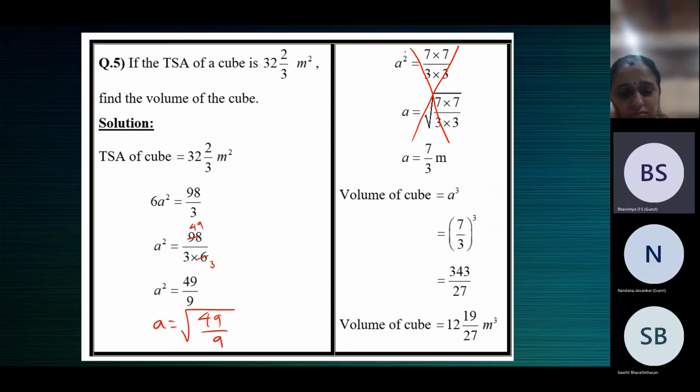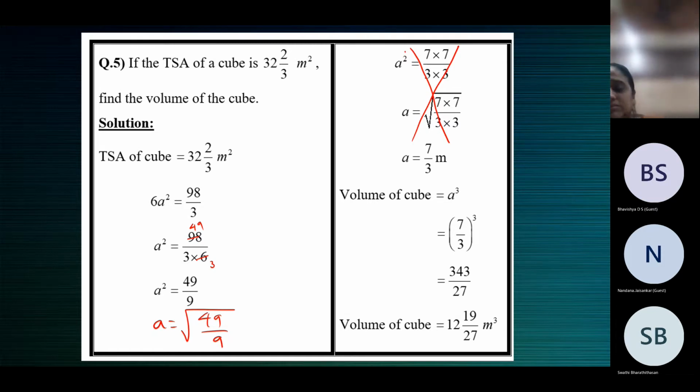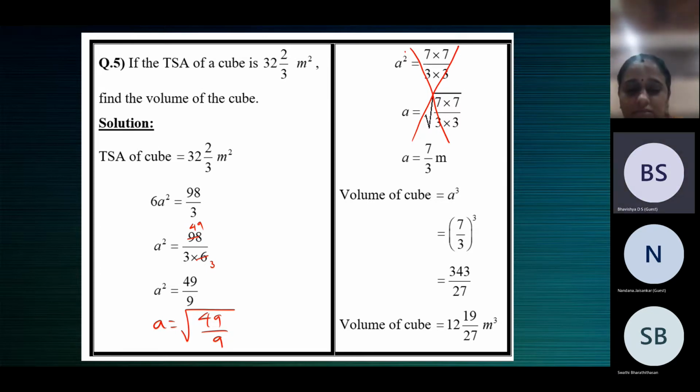For volume, I have finished up to 343 by 27, ma'am. 343 by 27, correct. And then I put it as a mixed fraction. Ma'am, I haven't done that mixed fraction.